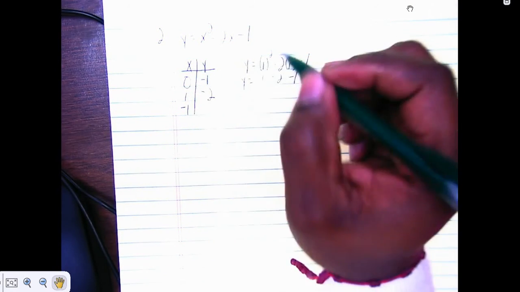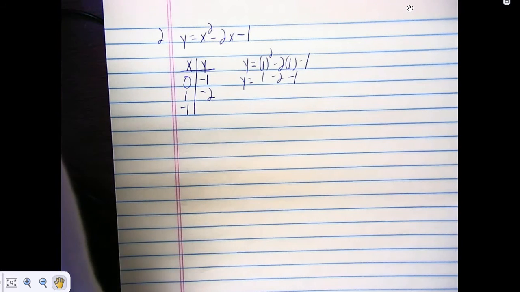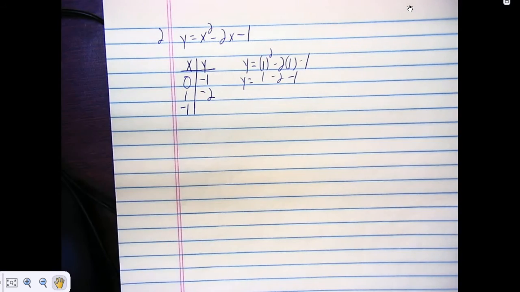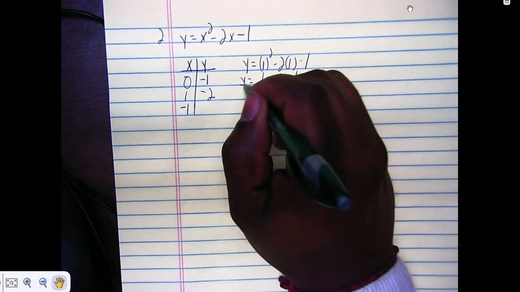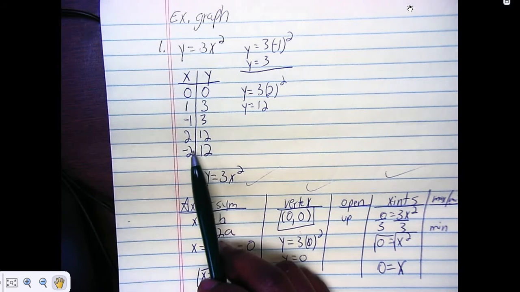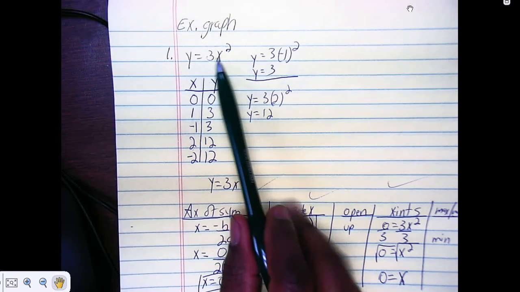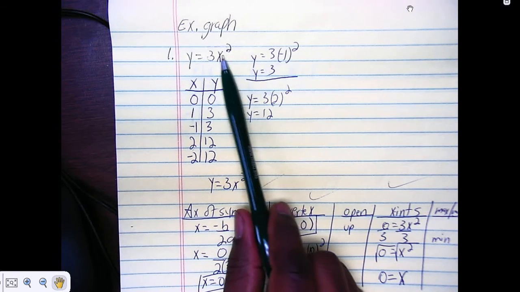Now, I'll put -1 there. Now see, this one is not like that last one where we can just simply say it's just going to be the same thing over and over and over. I know that it only applies in certain problems. So don't always try to do what we did on this particular problem where it's just going to be the same thing. That only happened because we only had this. We didn't have anything else added or subtracted to this equation, okay? See, this one is a little different.